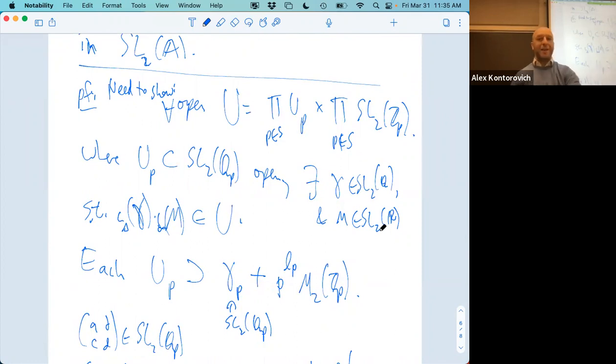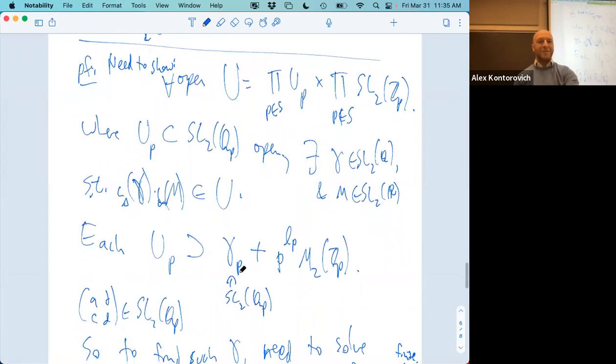I'm not doing anything at the infinite place, I'm only embedding at the infinite place. I can make the infinite place on the nose equal to some element of U. Give me your favorite element of U, which is some finite number of these gamma p's, and then some matrix at infinity. I'll make that matrix at infinity on the nose equal to what you want.